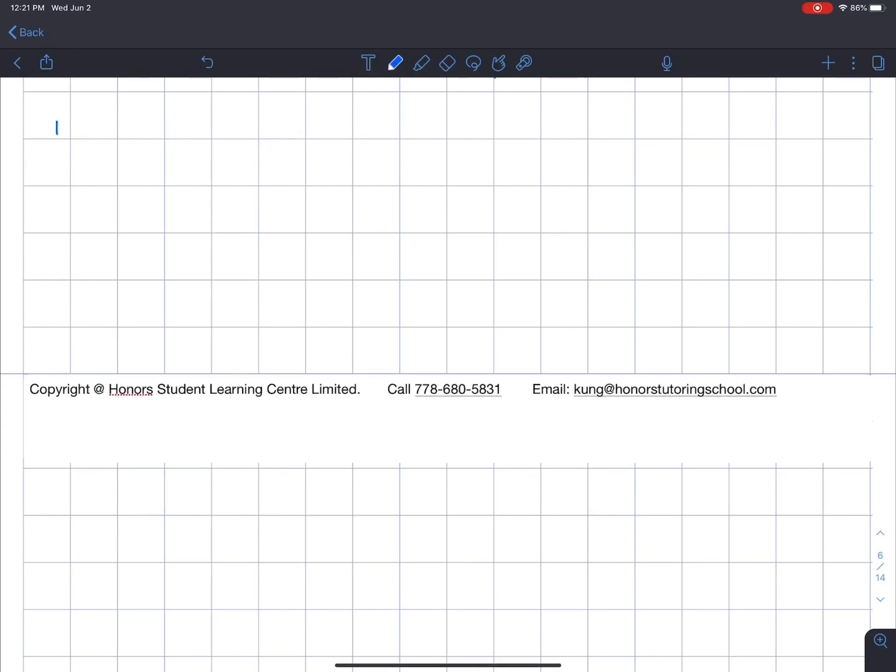Question 11. Sphere of radius r fits exactly into a cylinder, touching the cylinder at the top, bottom, and sides. If the volume of the cylinder is 128 pi centimeter cubed, what is the volume of the sphere? So we have a sphere, and we have a cylinder.